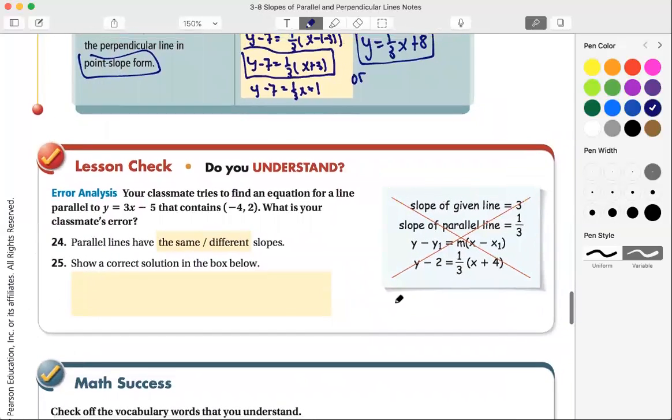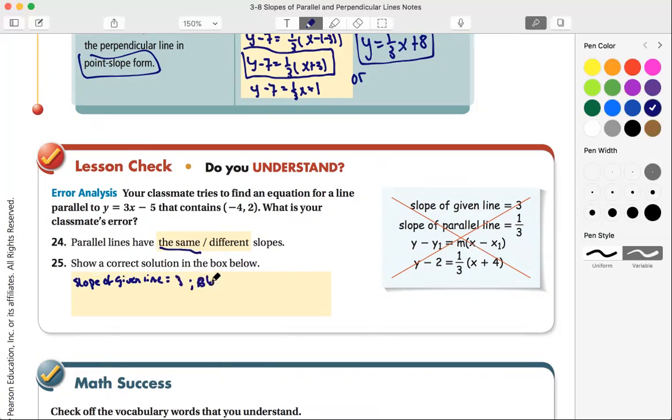All right, so a classmate tries to find an equation of a line parallel to y equals 3x minus 5 that contains the point negative 4, 2. What is your classmate's error? Well, parallel lines have the same slope. So our classmate found the perpendicular slope or something. I don't know what the classmate did actually. The slope of the given line is equal to 3.